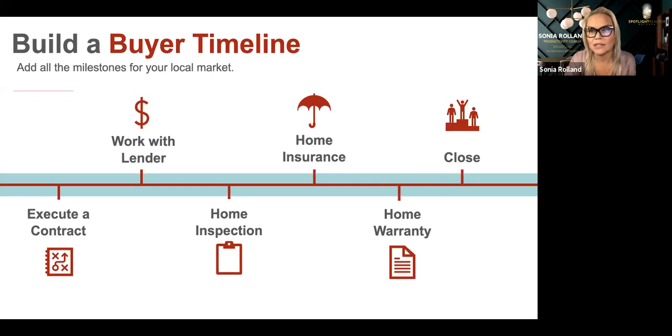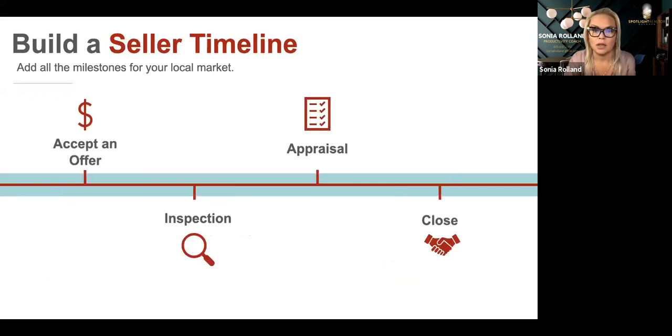So you want to have some sort of timeline. In Command, there are timelines on both the buyer and seller consultations. Also, if you Google consultations, buyer timeline real estate, seller timeline, there are sometimes really cool graphics that show a little roadmap.